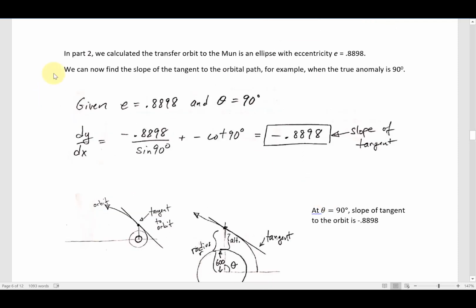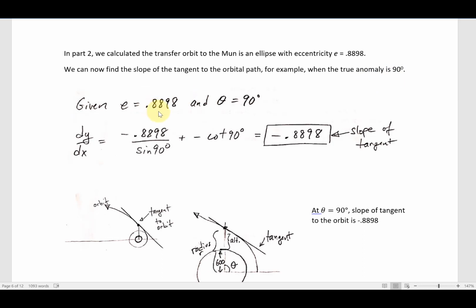In part 2 of this series, we calculated that the transfer orbit to the Mun is an ellipse with an eccentricity of e equal 0.8898. So we can now find the slope of the tangent to this orbital path at any point, for example, when the true anomaly is 90 degrees.